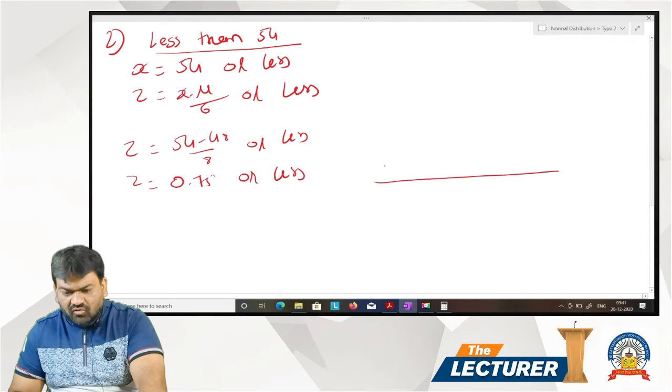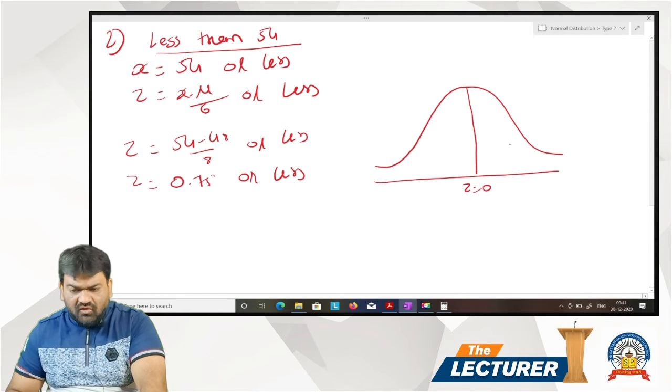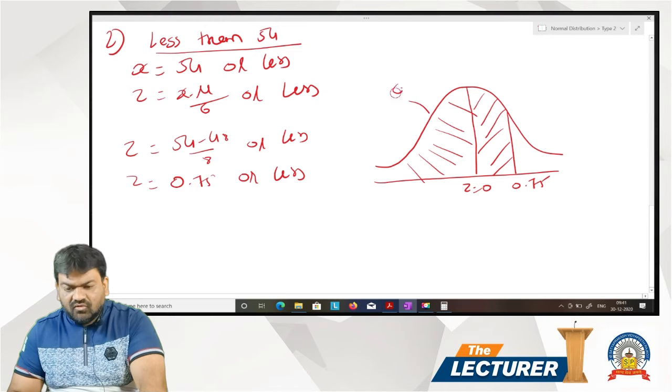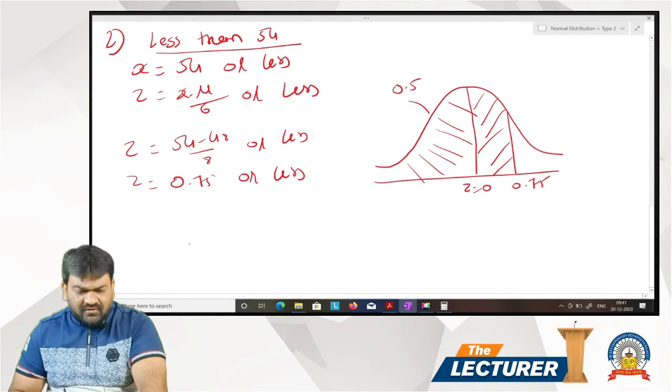Draw area under normal curve. Exact middle z is equal to 0, 0.75 is plus so right hand side. Less than that means everything on the left hand side. We know that total probability of left hand side is 0.5.